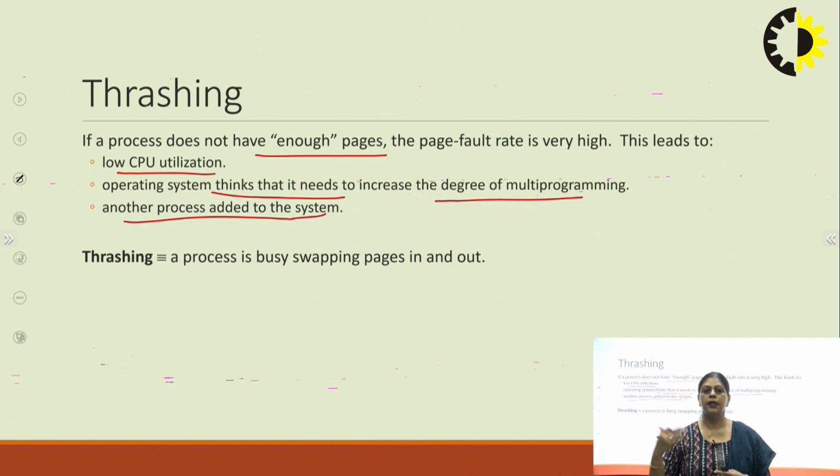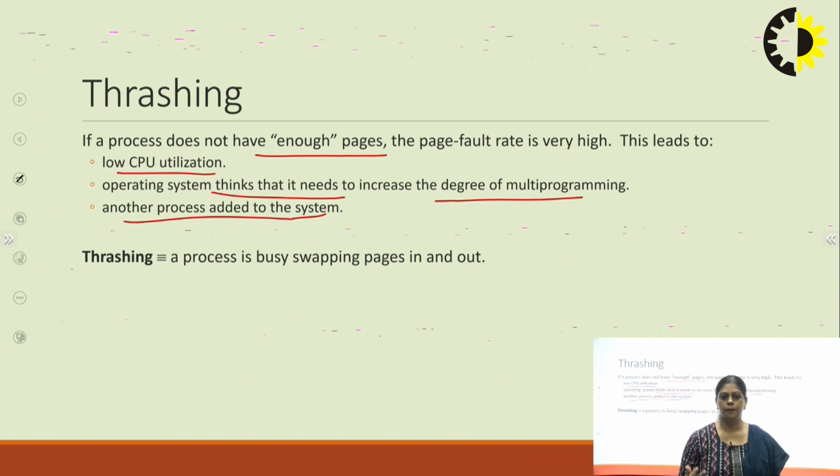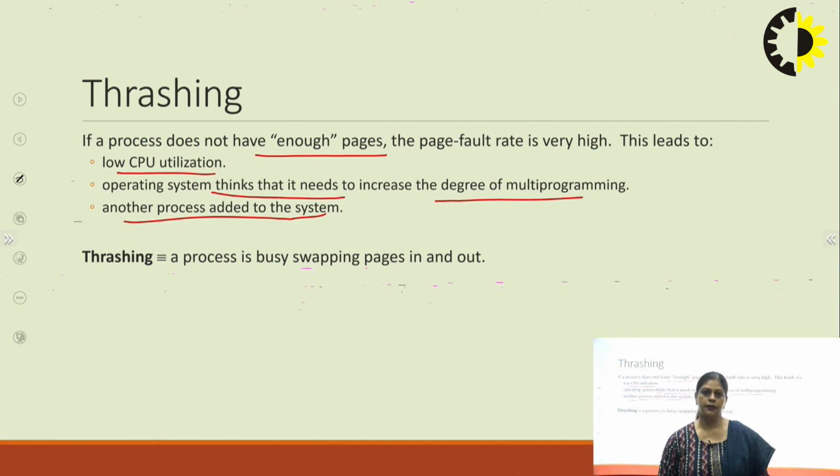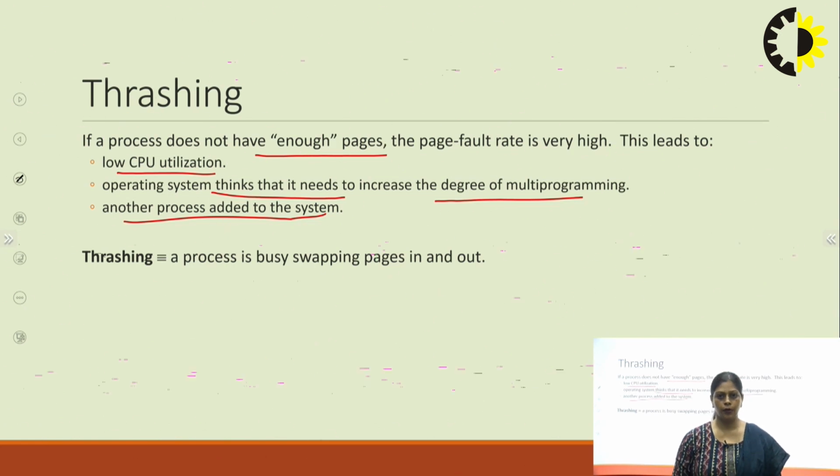bring the page from the backing store again and again. We have to replace the pages. So the number of page faults will increase in this case. At that time the CPU is sitting idle, right? The OS will think that the CPU is idle, that means we can increase the multiprogramming level.